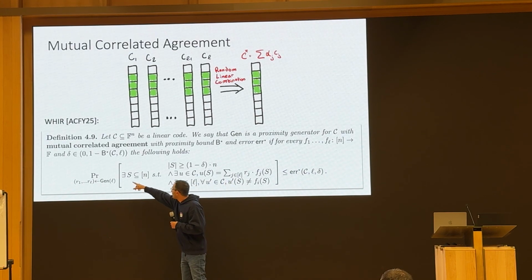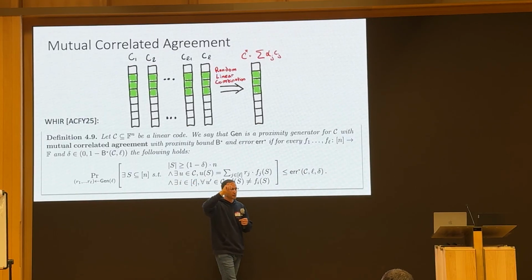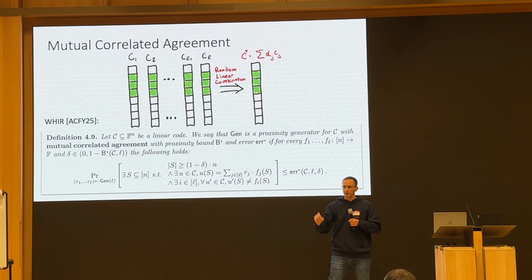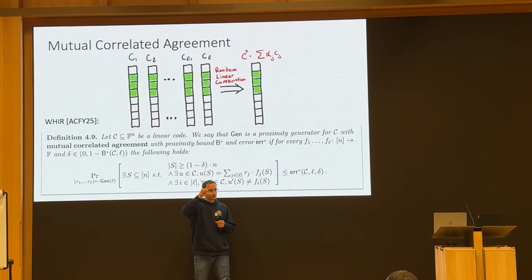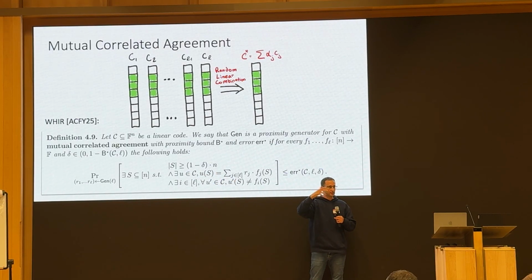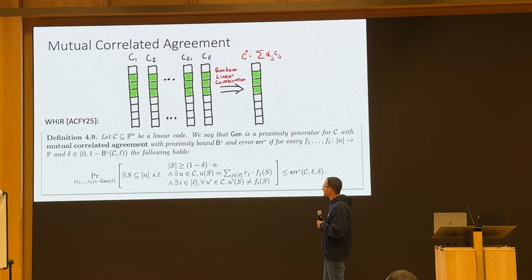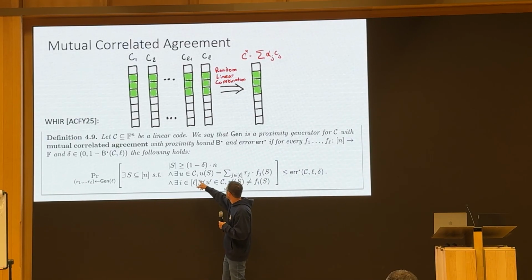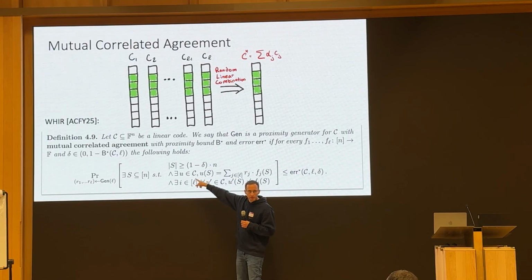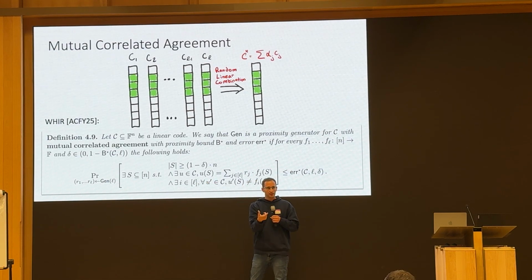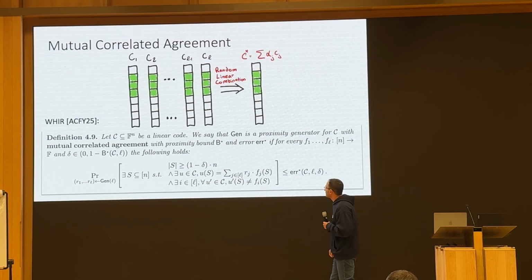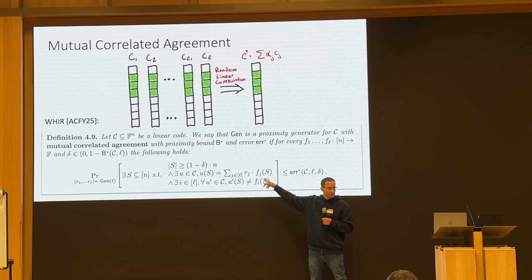Notice the probability that there exists a set S. S is the set, the three green places, the places where we're going to have correlated agreement. So with high probability, we're not going to have any set S of the appropriate size, which is the distance, such that there exists a codeword in the code, an actual polynomial, such that if you look at this polynomial restricted to S, it's going to equal the random linear combination of the f_j's.